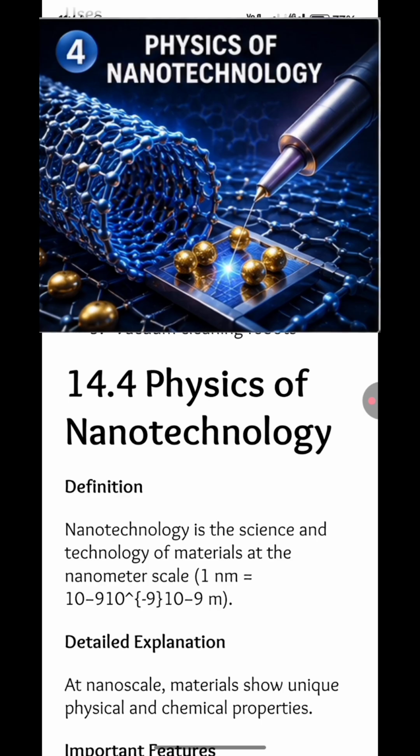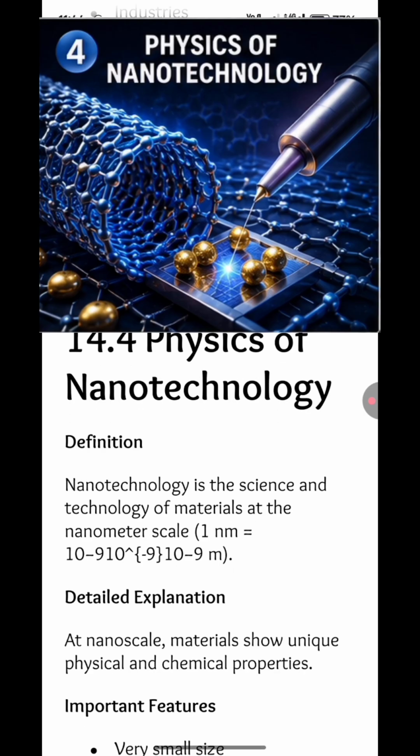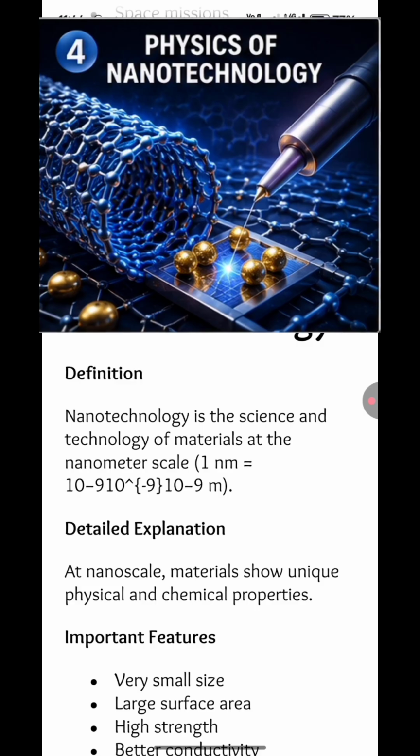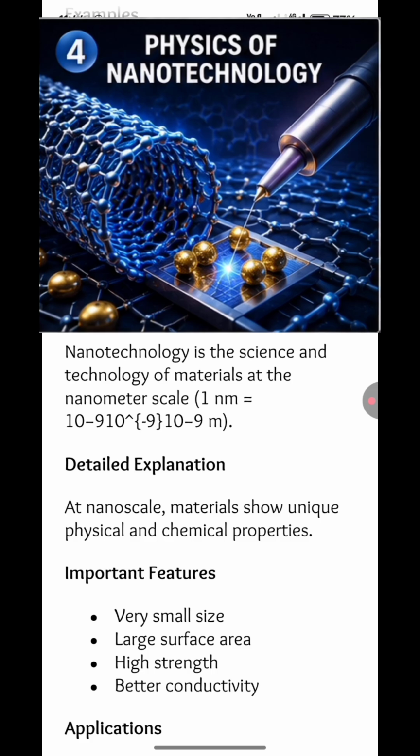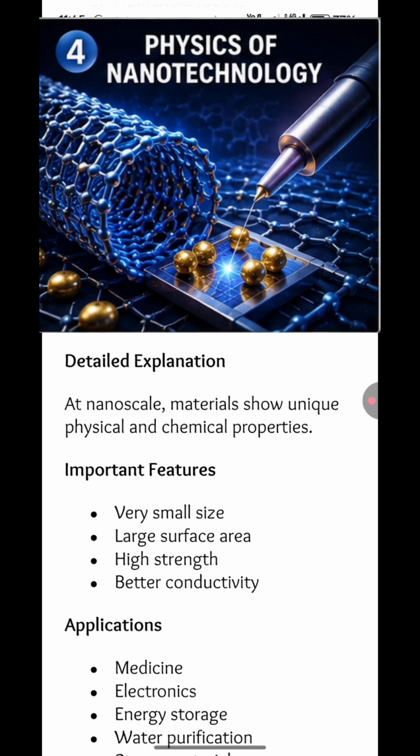At nanoscale, materials show unique physical and chemical properties. So these are some important features of nanotechnology: very small in size and large surface area, high strength, and nanomaterials have better conductivity.